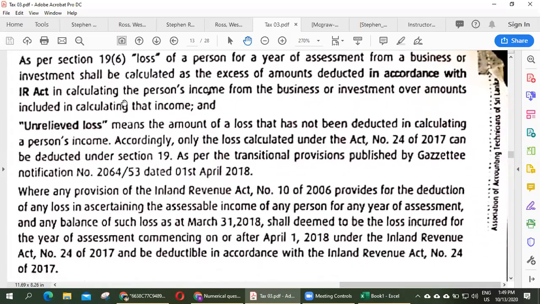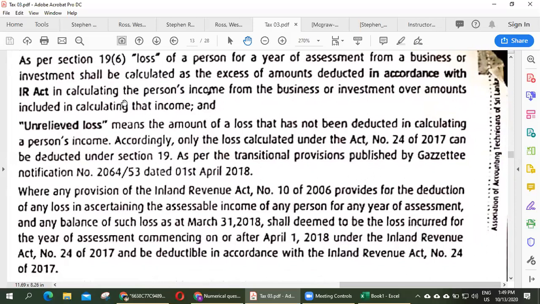Unrelieved loss means we have not yet taken the relief from the government. The logic is, once a citizen enjoys a profit, he should pay tax. Likewise, if a citizen faces losses, the government should give them relief. But the government will not give the relief in terms of money.